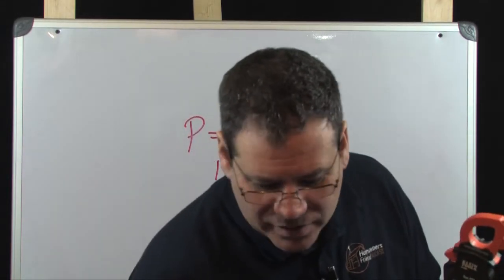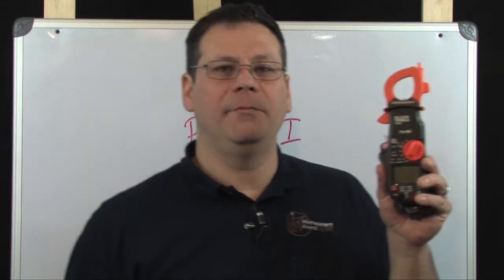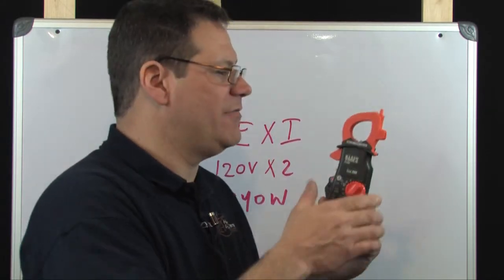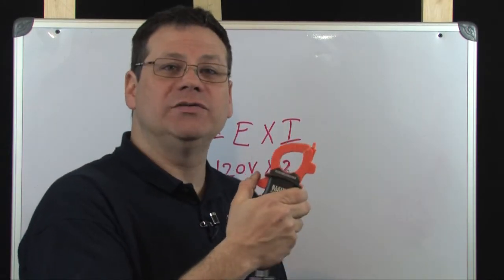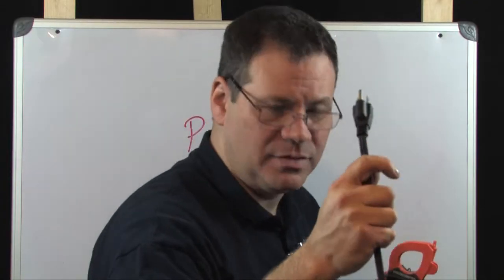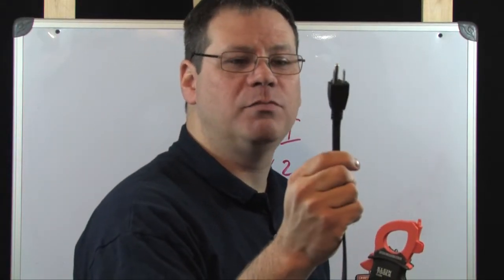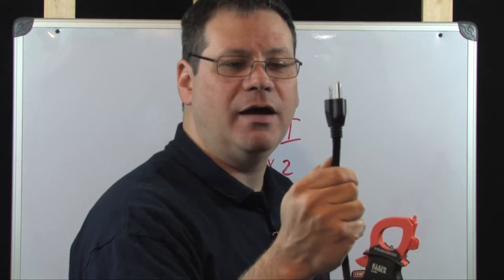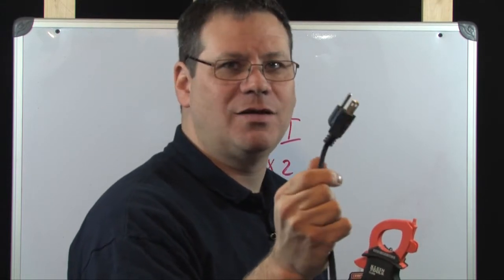Now, these meters are very cool, these particular amp meters, because they have this clamp. And all you have to do is clamp it over one of the cables feeding a device. Now, if you had a cord like this one, both cables are within one cord essentially.